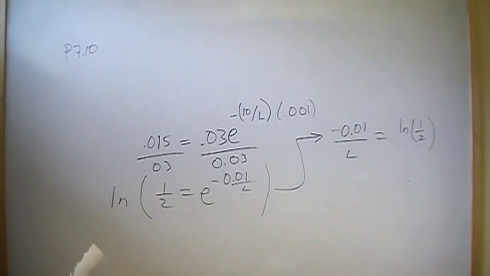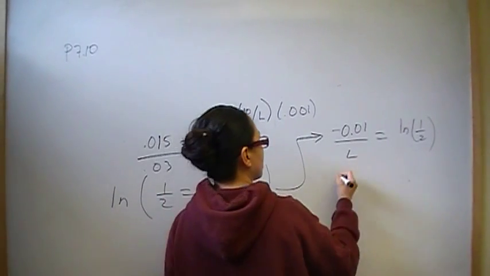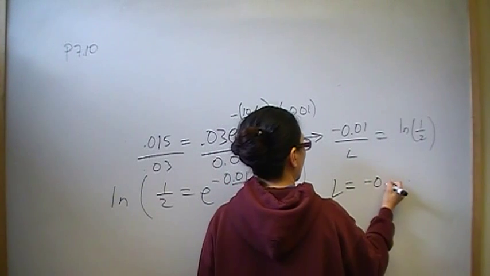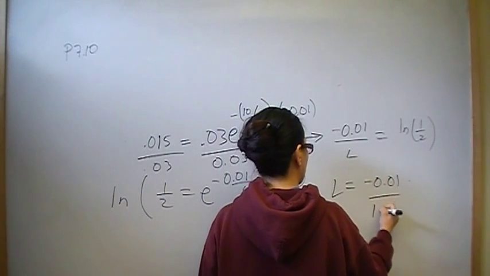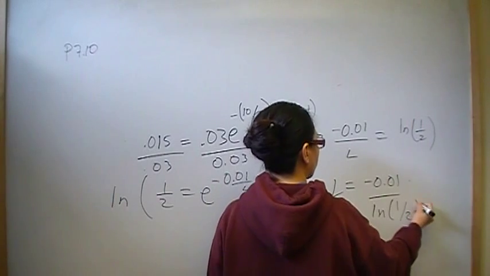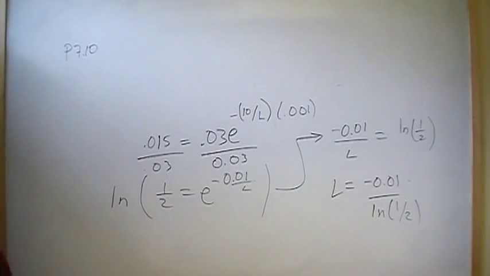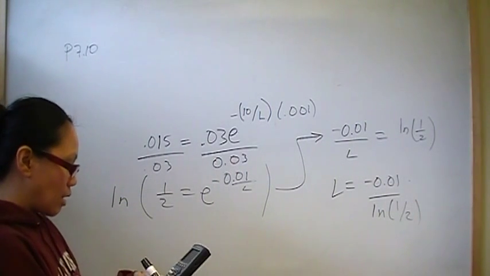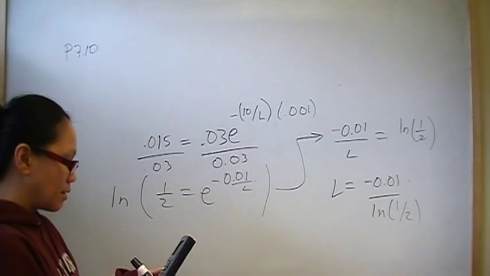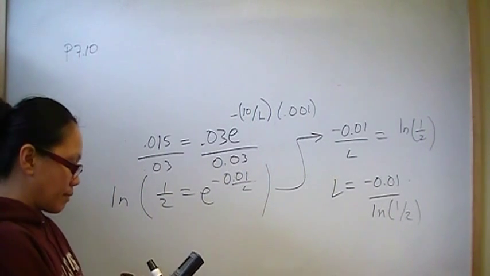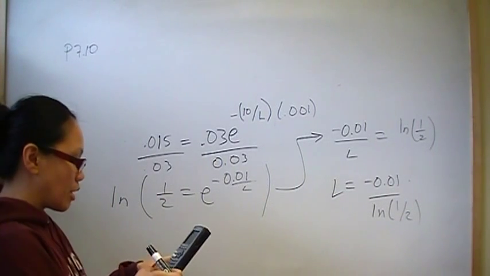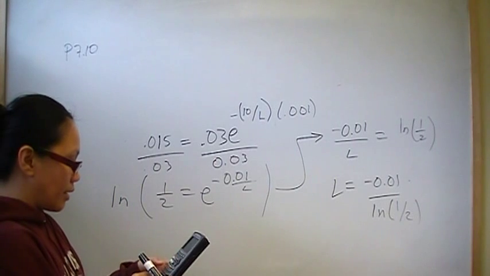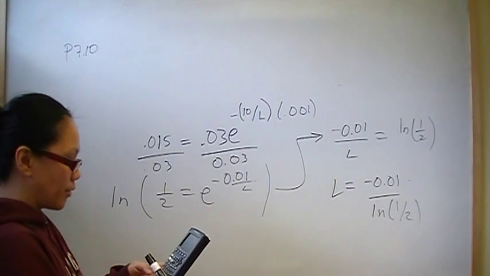Now we can just solve for L. L is going to be negative 0.01 over the natural log of 1/2. So we're going to go negative 0.01 divided by the natural log of 0.5, and solve.